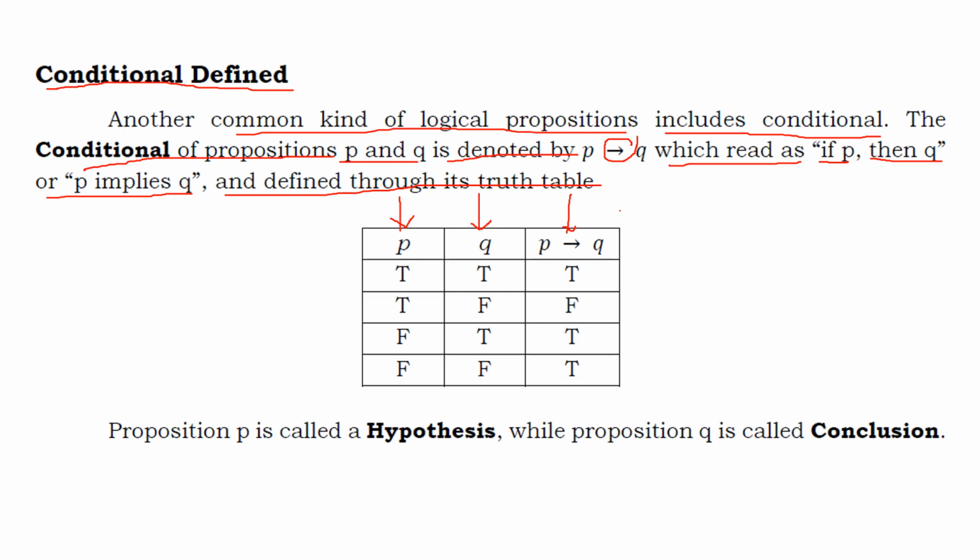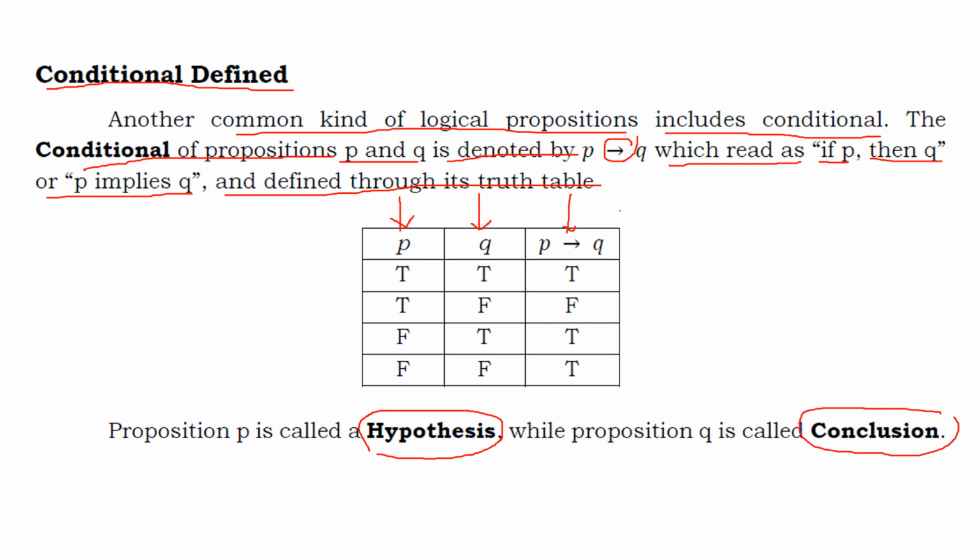Now, as you can see here, the proposition P is called the hypothesis. Please do take note of that. The proposition P is called a hypothesis, while proposition Q is called the conclusion.